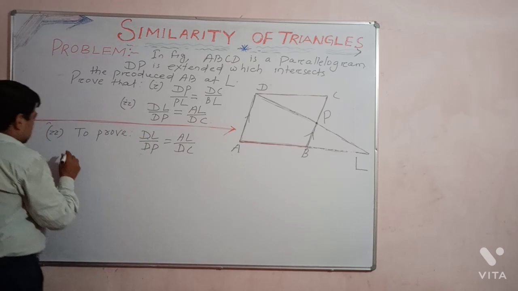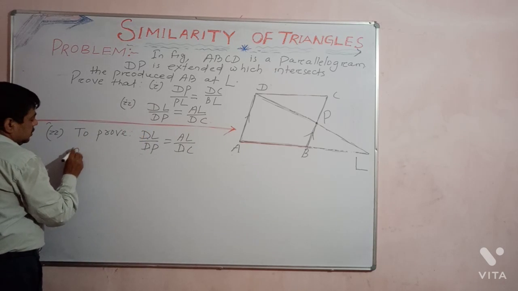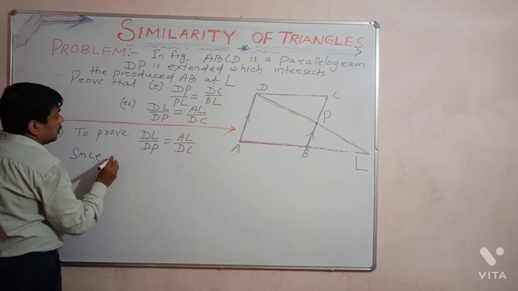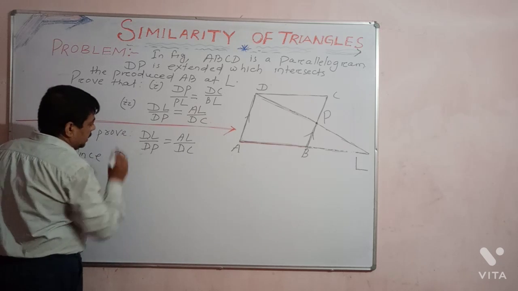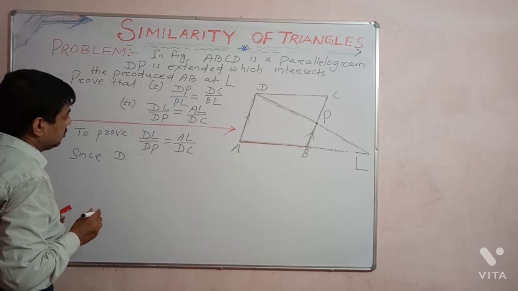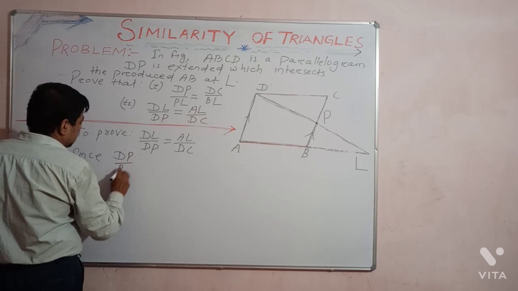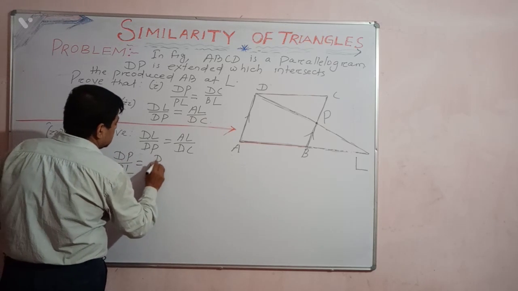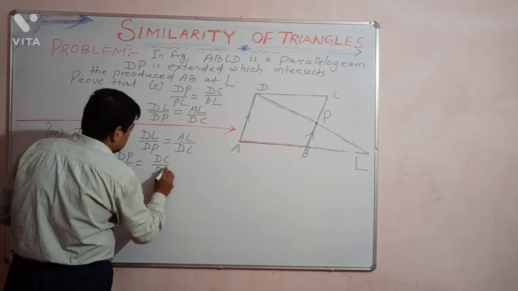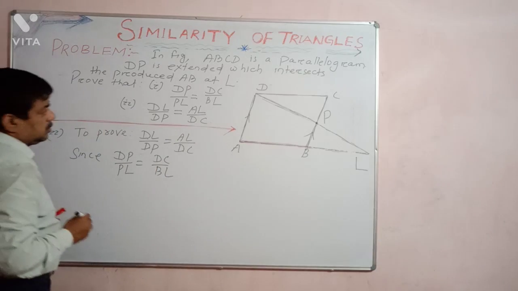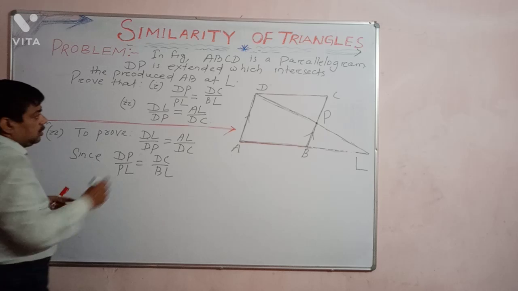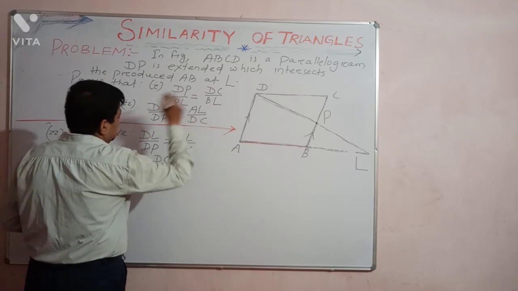Since we need DL by DP is equal to AL by DC, we already know from the first part that DP upon PL is equal to DC upon BL.